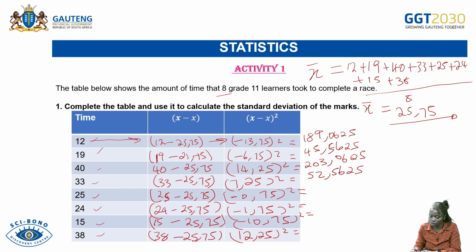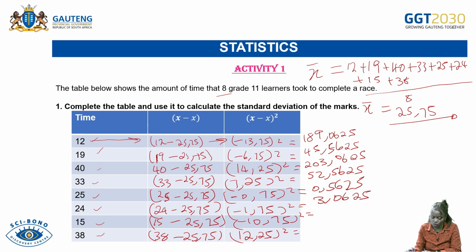Then negative 0.75, you square, you'll get 0.5625. And then negative 1.75, you square, you'll get 3.0625.